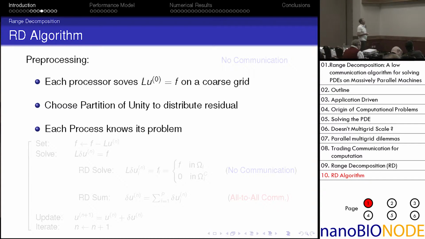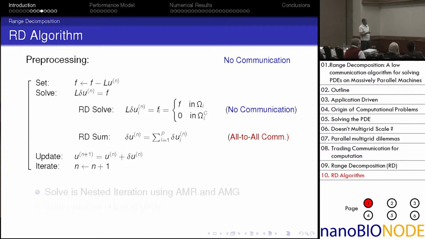Each processor knows its problem. So there's no communication yet to get this really coarse grid, distribute the error roughly equally, and then we go through this process of forming a residual. That can be done locally. I decide what my problem is, and now I'm going to solve a global problem with a different chunk of the right-hand side. No communication yet.